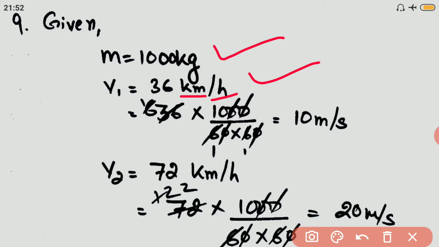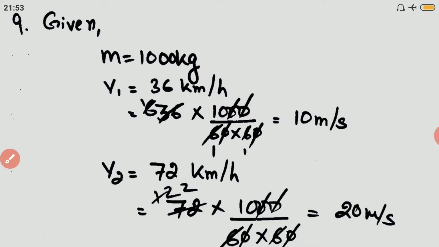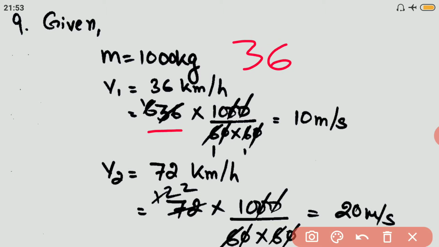I think we have learned this in class 7 also. Let us revise. Now here the number 36 is given. So I have written 36 multiplied by 1000. Why am I multiplying it by 1000? Because 1 kilometer has 1000 meter, right?